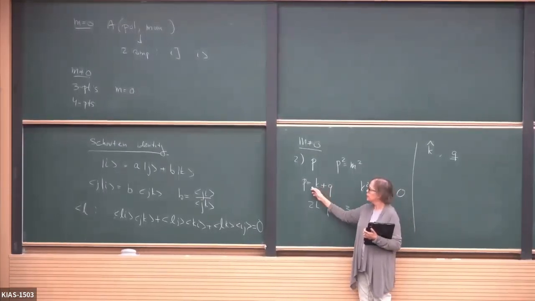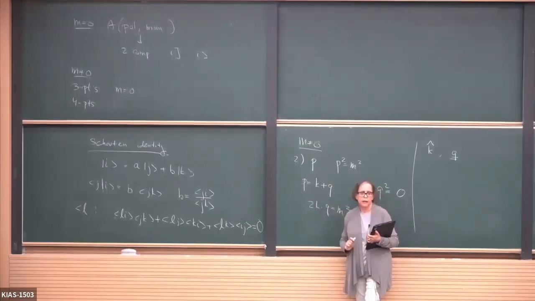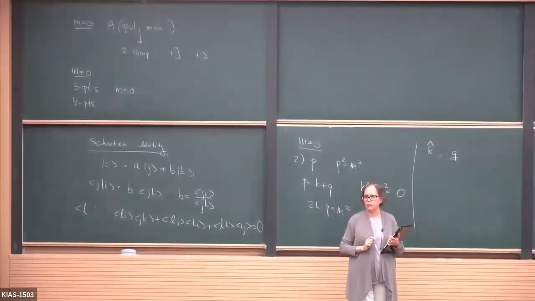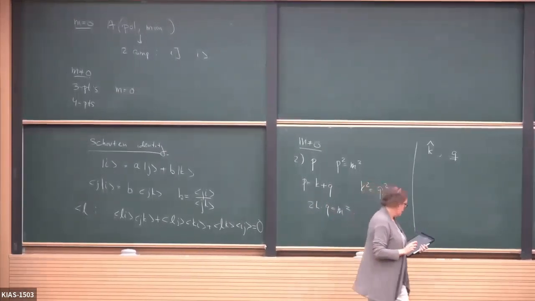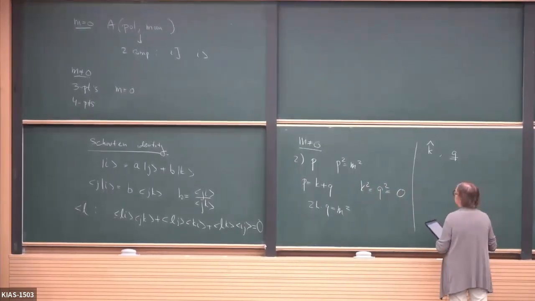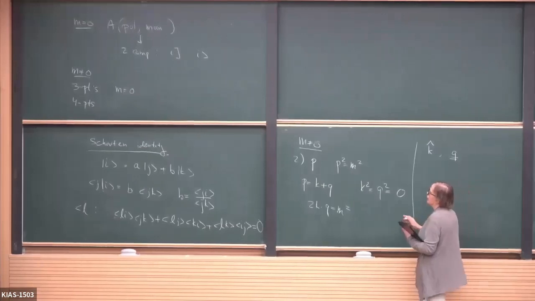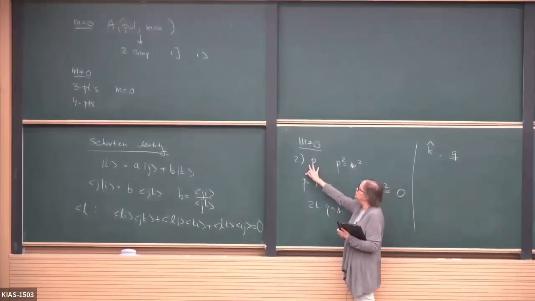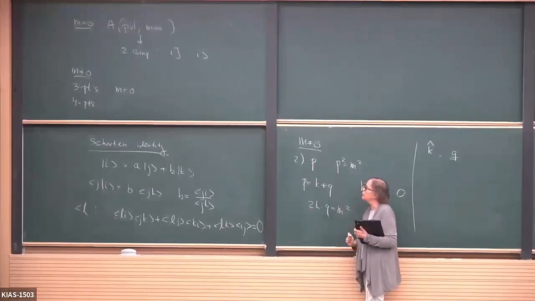Here we have two light-like momenta, so we'll need two independent spinors. So once we do that, we can replace the momentum P by two independent spinors.